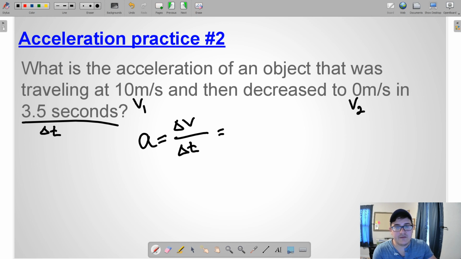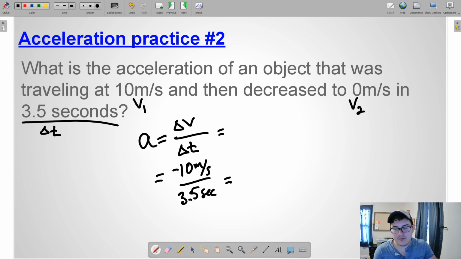And if I went from 10 to 0, my change in velocity was negative 10 meters per second, because we went from 10 to 0. My time then is 3.5 seconds.